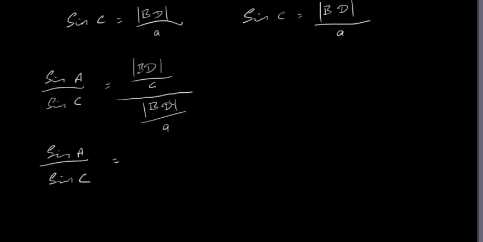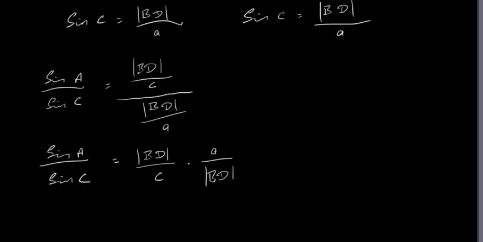So again, you've got sine A over sine C. Now here we've got a fraction divided by a fraction, so I'm going to flip this one upside down and multiply. So you end up with BD over C multiplied by, we have to flip this one upside down, remember? So that's A over BD.